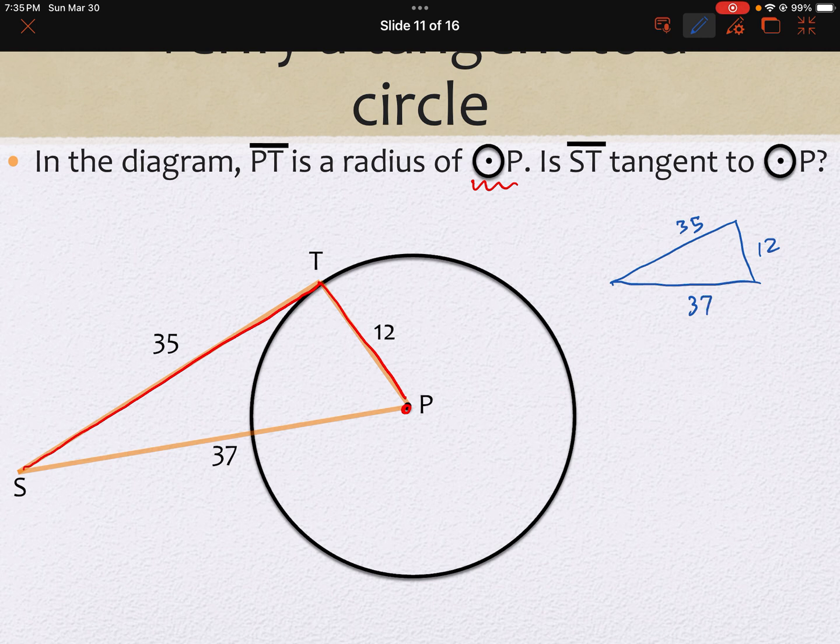Does that make a right triangle? Does 12 squared plus 35 squared equal 37 squared? Geez, I wish I had a calculator sitting here beside me. I think it does. There's no way I'm doing this in my head here. If the sum of the squares of the legs equals the square of the longest side, then it's a right triangle. I think that it is. If I'm wrong, you can tell me about it. But that's how you would determine it. Just type it in your calculator.